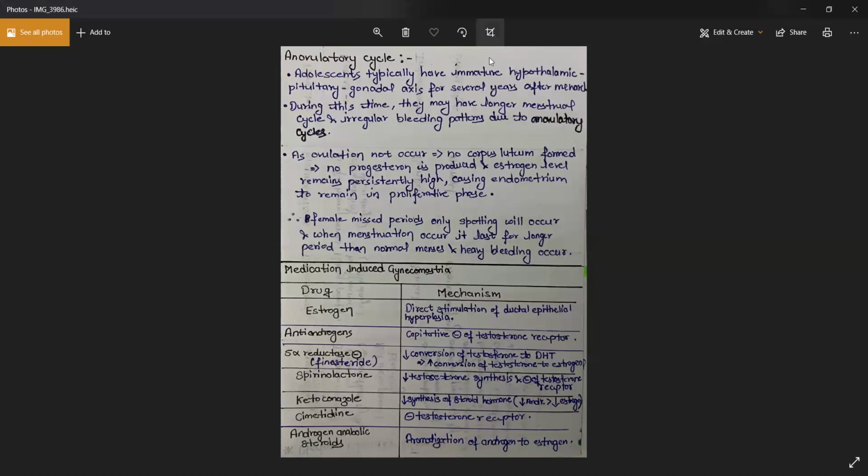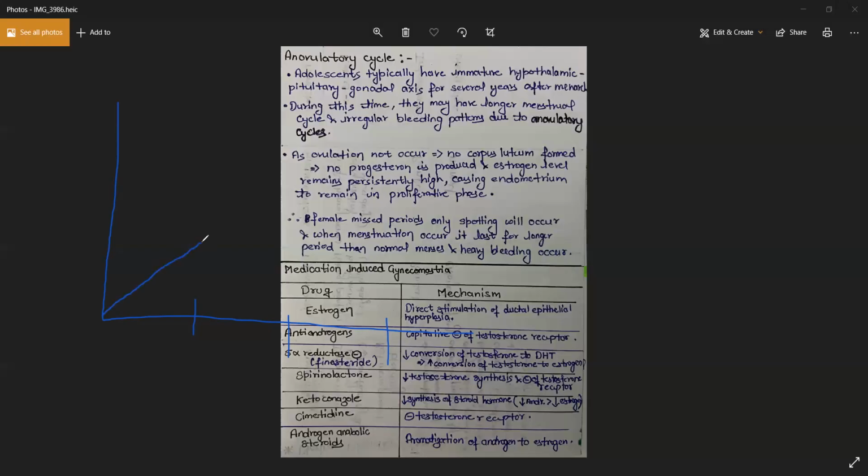Now, let me draw a graph for you. Let us suppose this is one cycle, this is the second cycle, and this is the third cycle. Suppose in one cycle you won't get the ovulation, and as a result you will get endometrial hyperplasia, right? Let us suppose the endometrium grows this much.